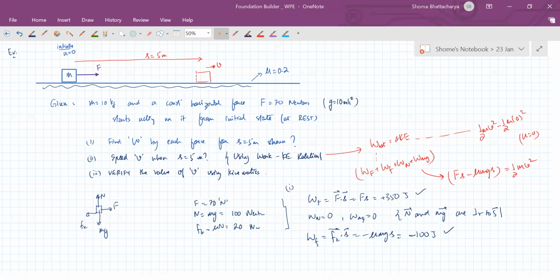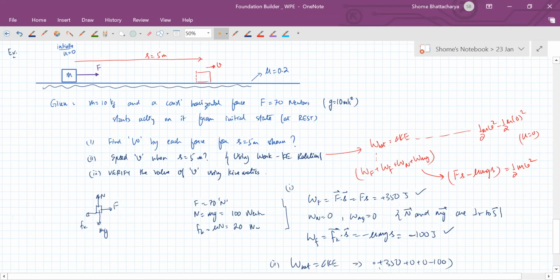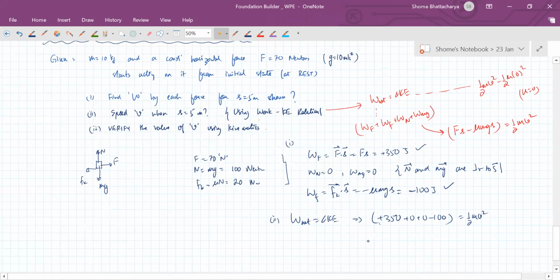Yes, very good. That's correct. So net work done is change in kinetic energy. So plus 350 plus 0 plus 0 minus 100. That's the net work done. That should be equal to half mv square. So 250 joules is equal to half into mass, which is 10 kg, into v square.